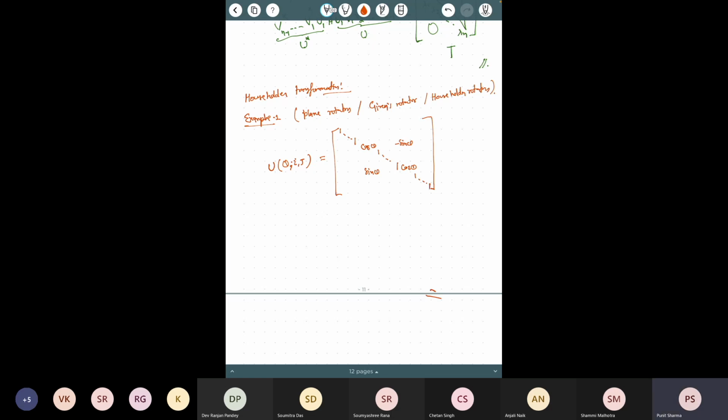So these diagonal entries are 1, and the other entries are 0.